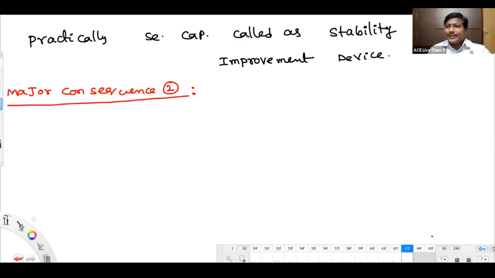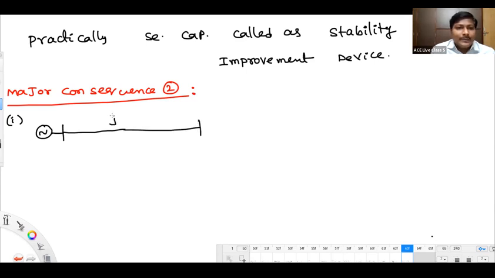I'll take again case 1 and case 2, without series capacitor and with series capacitor. Case 1, let's assume we have a voltage source here, and this is a line. Line impedance I am taking as JXL. Sending end voltage is Vs at an angle 0.